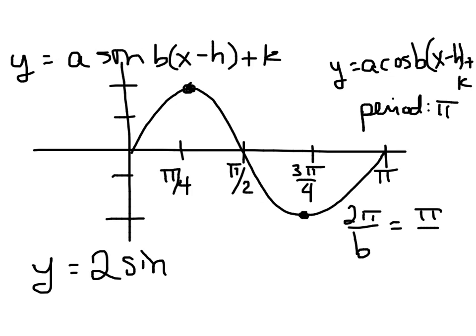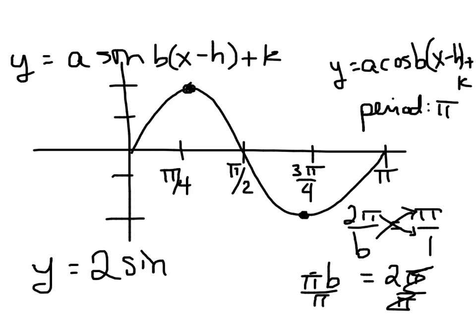If I put pi over 1, I can cross multiply and solve for b. What's b times pi? Pi b equals 2 pi. And when I solve for b, divide by pi, what happens to my pi? It goes bye-bye. Somebody ate it. So what number is my b? 2.